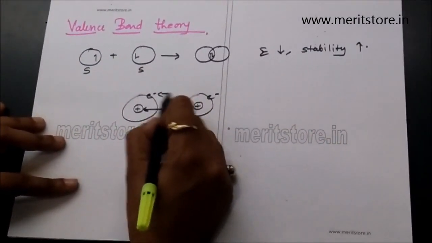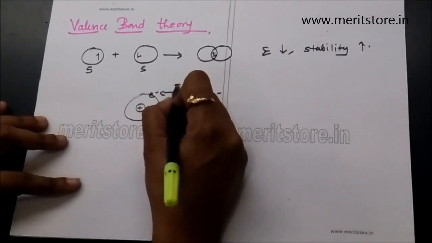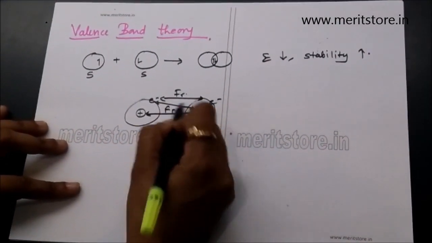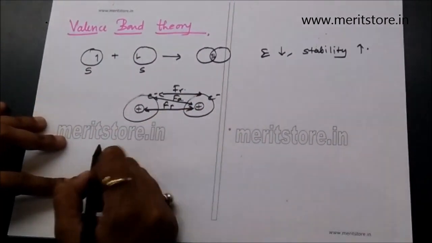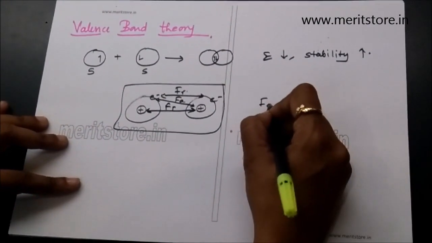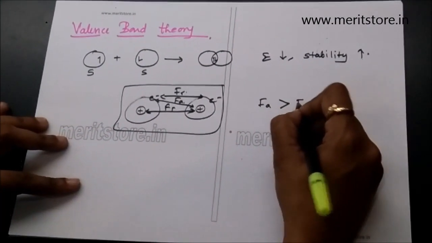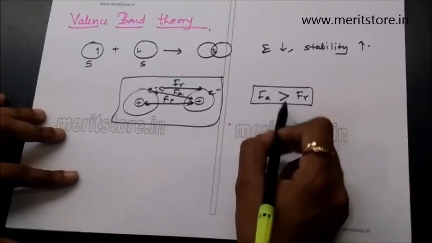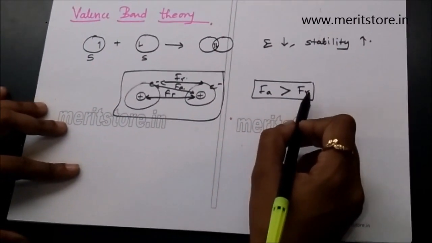Between the two negatively charged electrons, there is also a force of repulsion. But between the electron and the positively charged nucleus, there is a force of attraction. To have a stable bond formation, always remember the force of attraction has to be more than the force of repulsion. If this condition is satisfied, then only stable bond formation is possible.